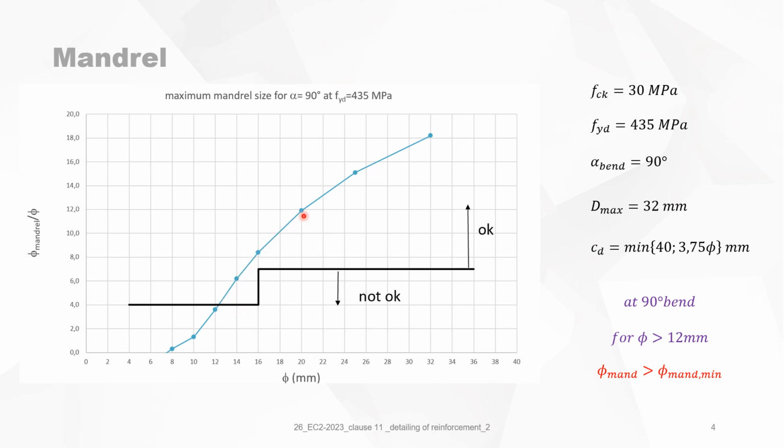You see it very clearly on this graph. For instance, if you use a stirrup of diameter 20, you will end up with a mandrel diameter of 12 times the bar diameter.